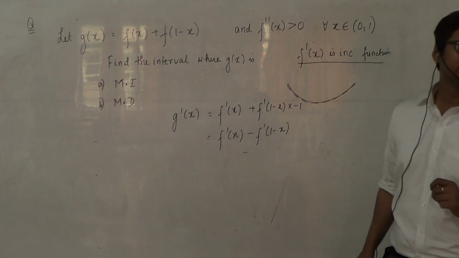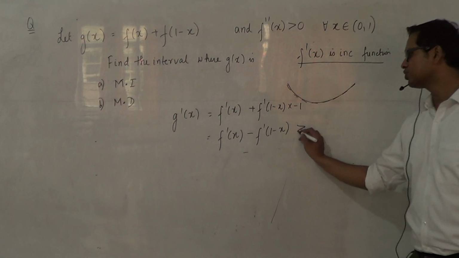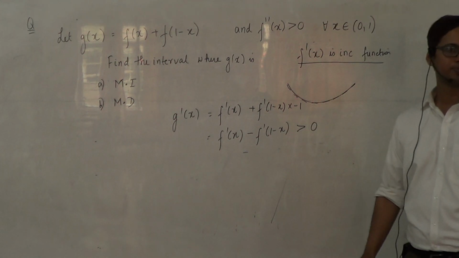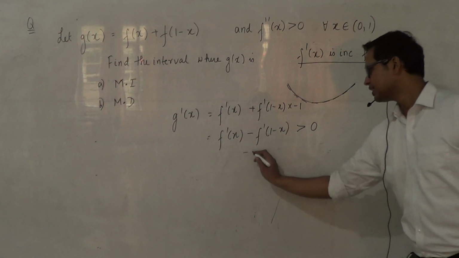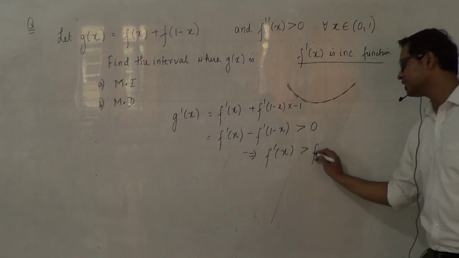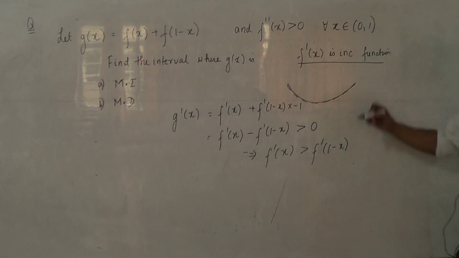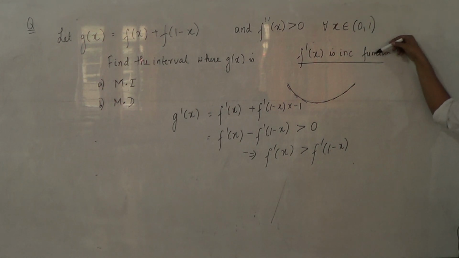Now if I have to find the interval in which the function is monotonically increasing, I have to solve this inequality. Indirectly I am saying f dash x should be greater than f dash 1 minus x, correct?